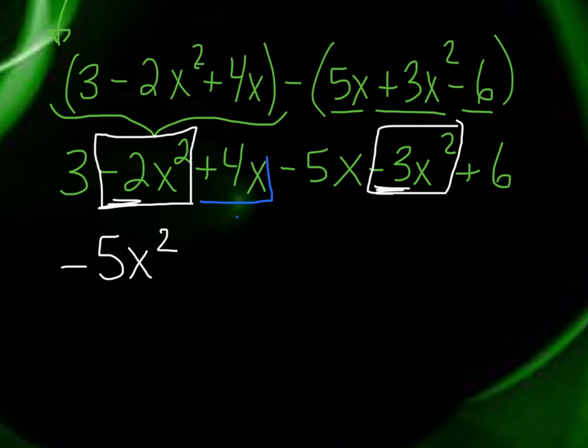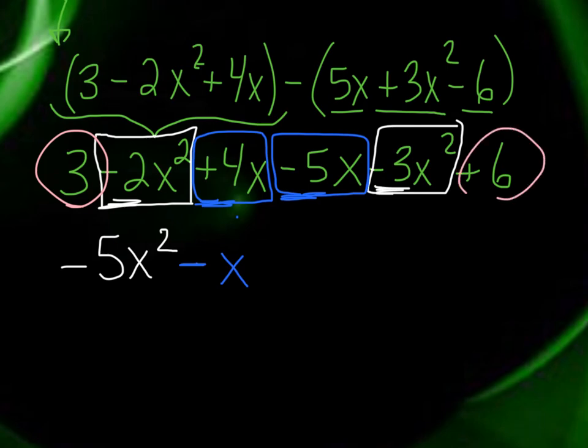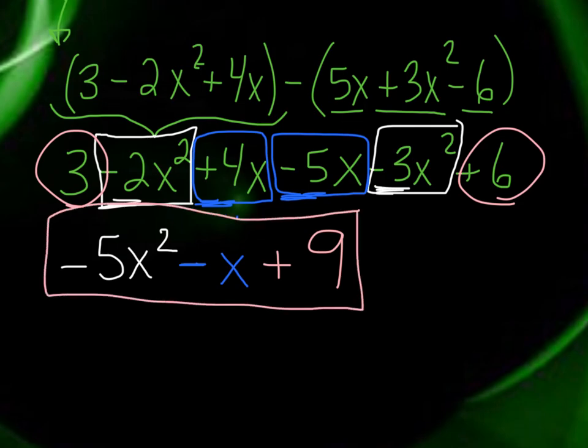We've got positive 4x minus 5x. Positive 4 minus 5 is negative 1, so we'll be subtracting 1x, or we could just write it as x. And finally, our constants, 3 plus 6, which is easy, that just gets us plus 9, or positive 9. Okay, and then that would be our answer to that problem.